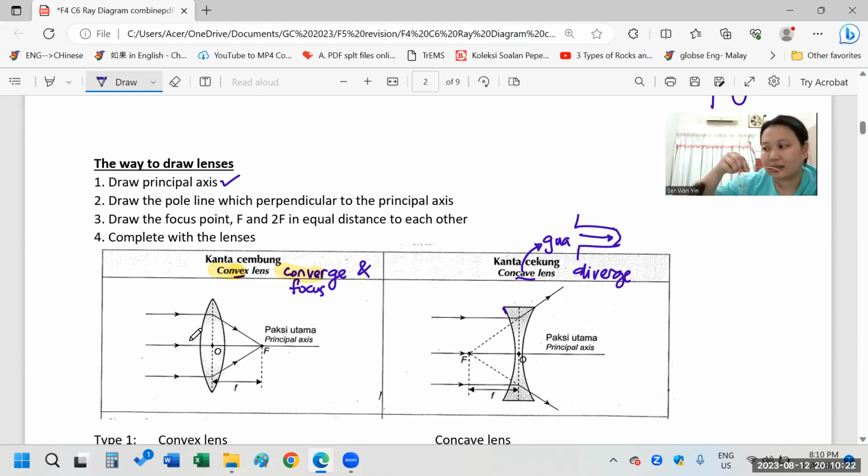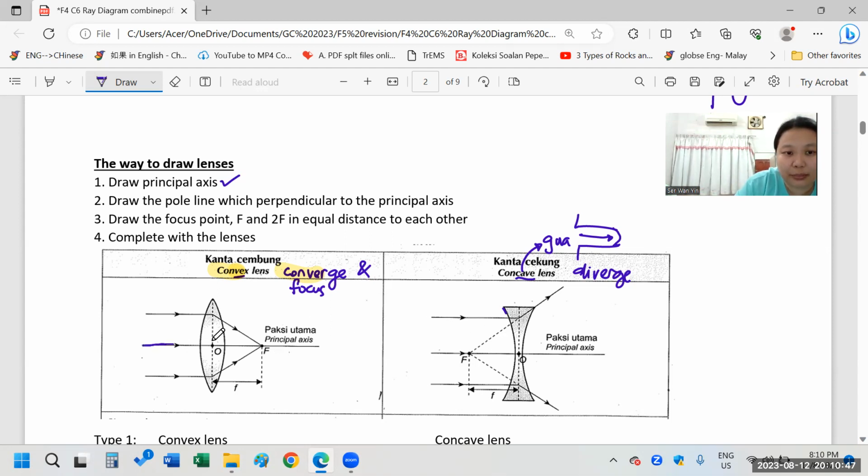The line is an imaginary line that goes through the center of the lens. So this line is called the principal axis.